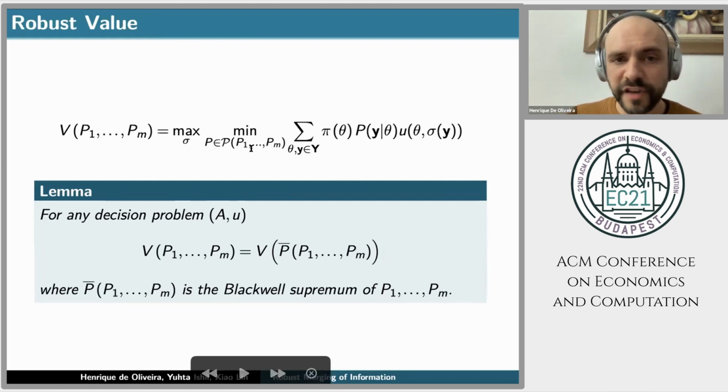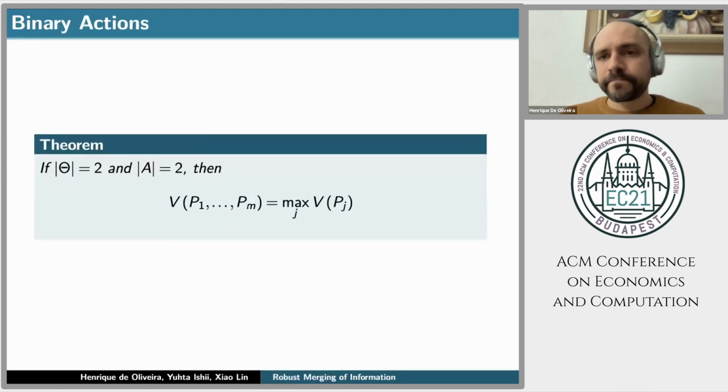This would be just the value of the Blackwell supremum. That would be nature's optimal strategy. That would give us the same value as before. So that's a useful lemma.